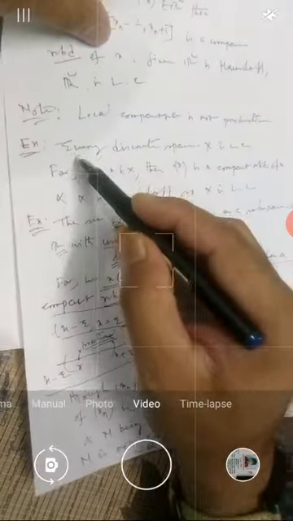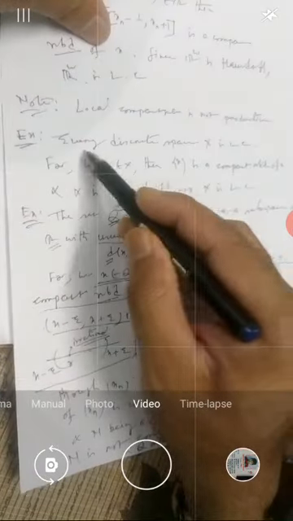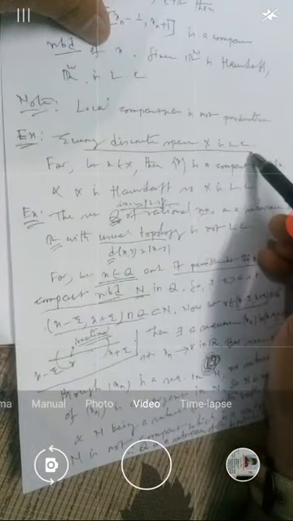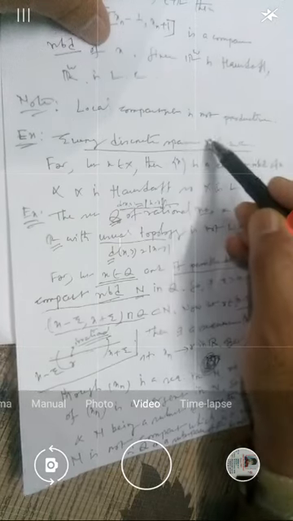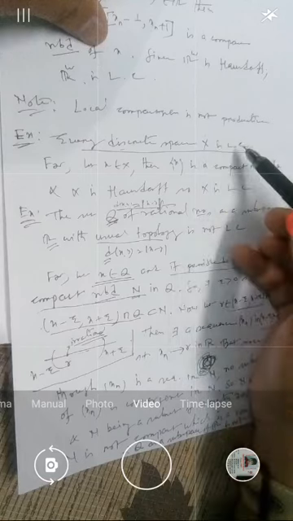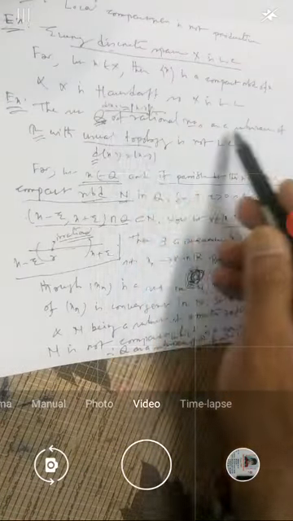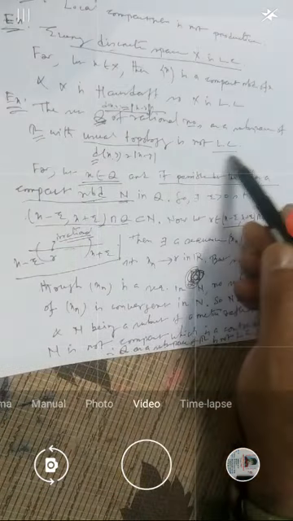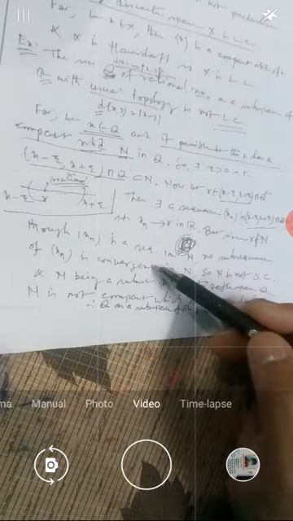Just above this: every discrete space X is locally compact. So if we consider X equal to Q with the discrete metric, then it will be locally compact. So this is important, that Q as a subspace of R is not locally compact, and we have proved it, so no doubt about it.